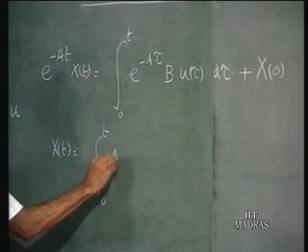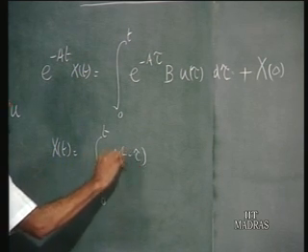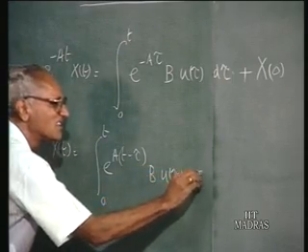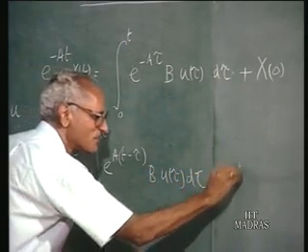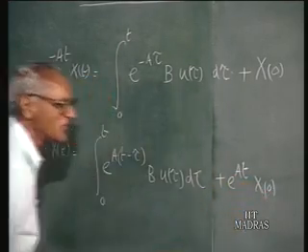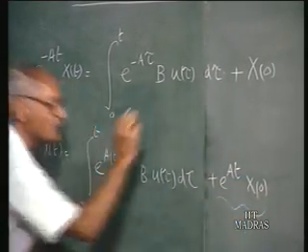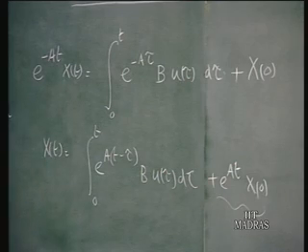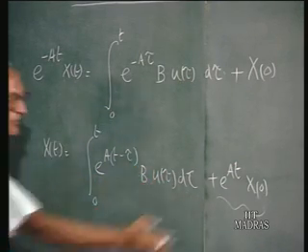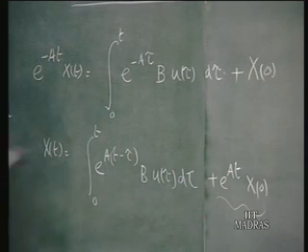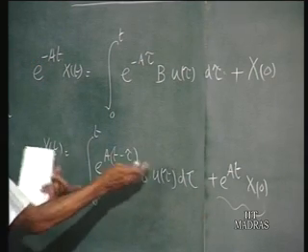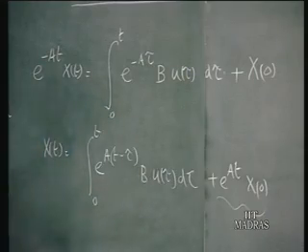So e power at minus tau b u tau d tau plus e power at times x0. So you observe that this is the 0 input solution, and this is the solution that comes because of the presence of the input. This is something which you already know, that is up for x of t. This is the extra term that comes about because of the presence of the forcing function.